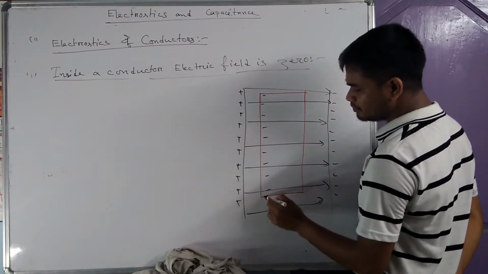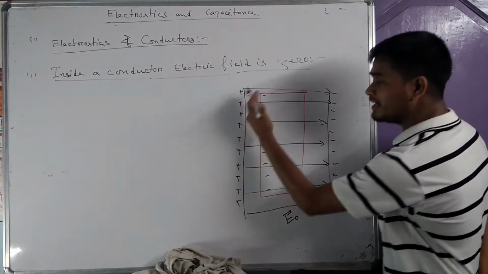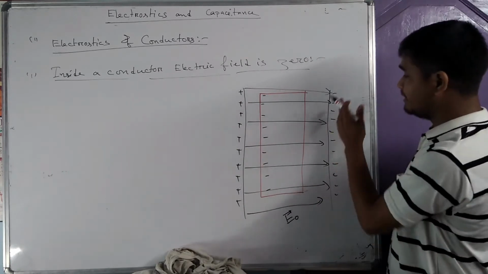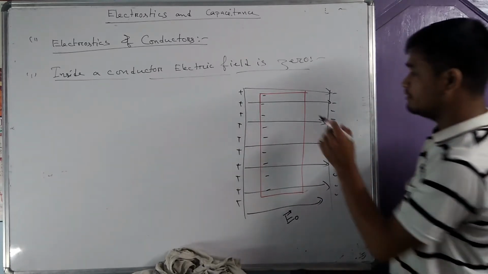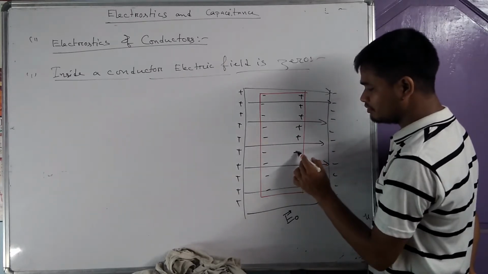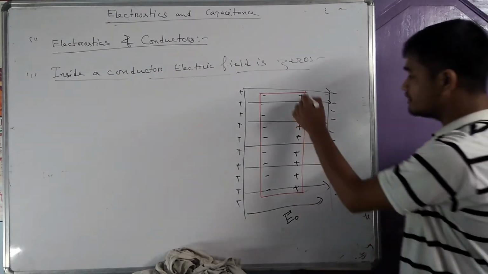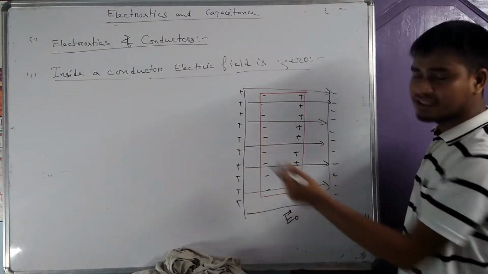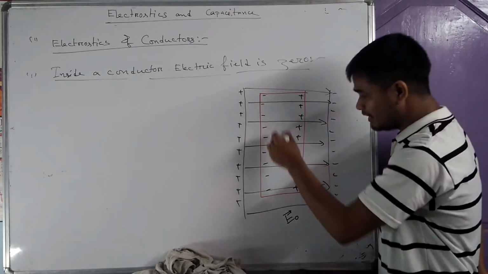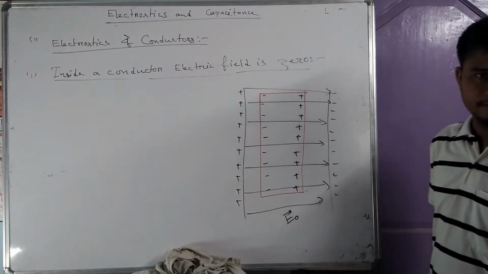Okay, move towards the minus side. And the positive ions are repelled by the positive side and attracted by the negative side. Therefore, the positive ions will be in this direction. Clear? Those are the positive charges present inside the conductor, and those are the electrons present near the positive charges.